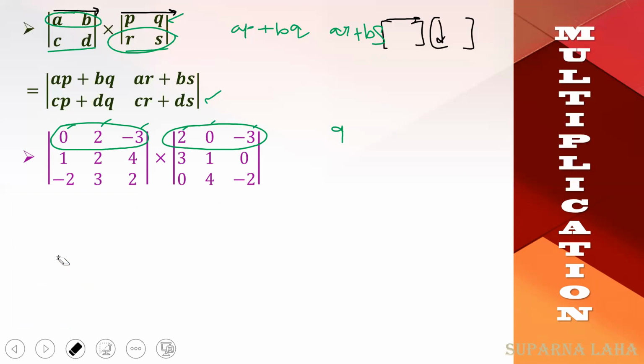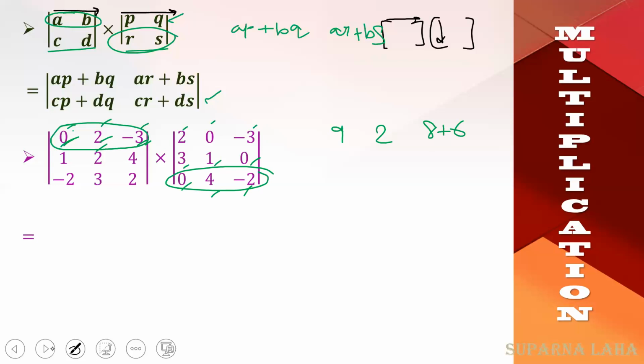Next, multiply this first row with the second row: 0, and then plus 2 times 1 is 2, and then minus 3 times 0 is 0, so only 2. Now again multiply this first row with the third row: 0 times 0 is 0, 4 times 2 is 8, and then minus 3 times minus 2 is plus 6.